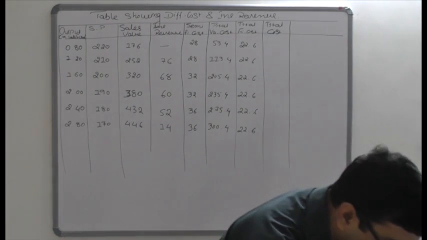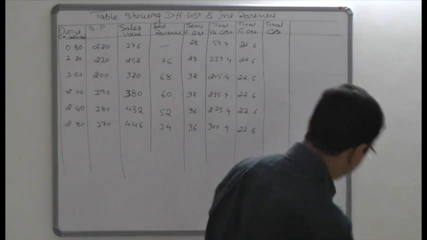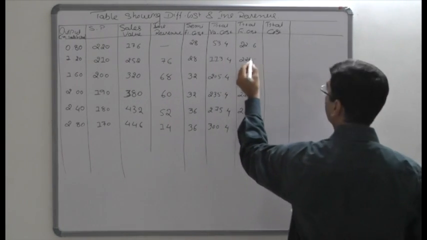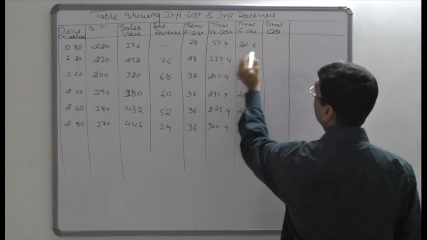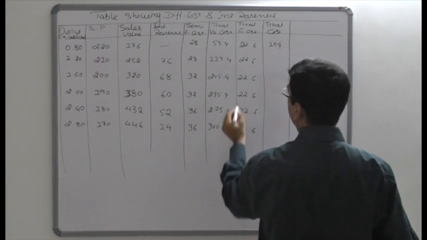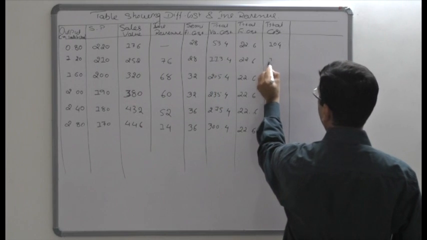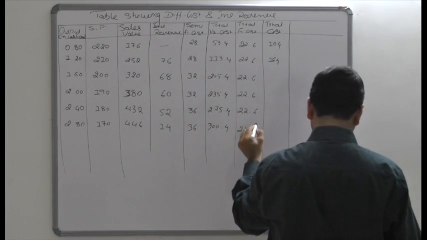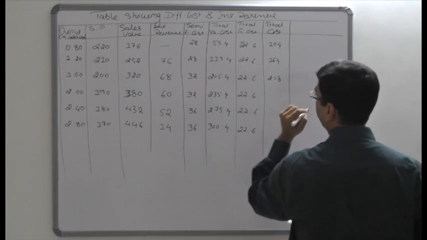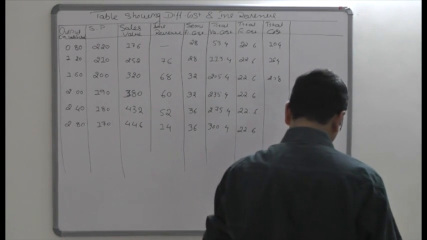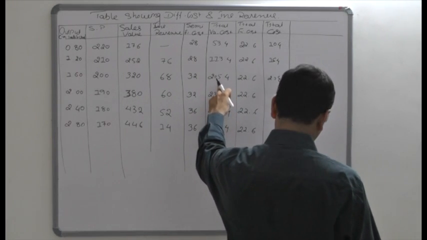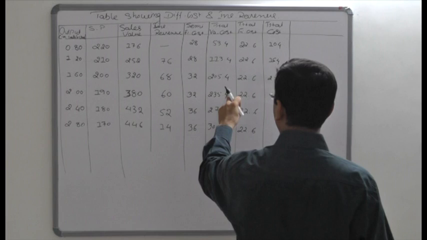So we have the total cost here. The total of this cost: the first is 104. The next total is 164. Then the total of these three comes to 208. Sorry, here the total variable cost is 153.4.